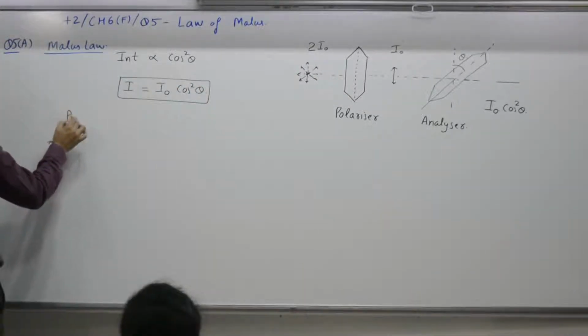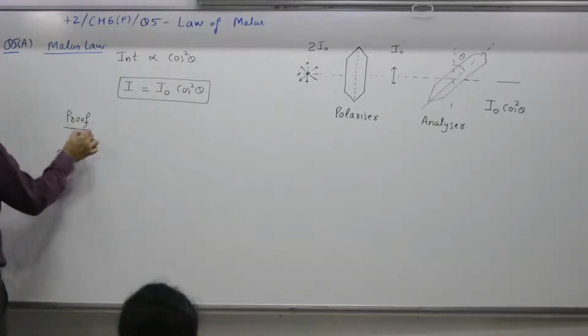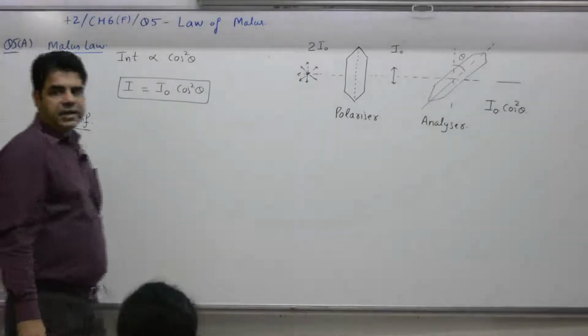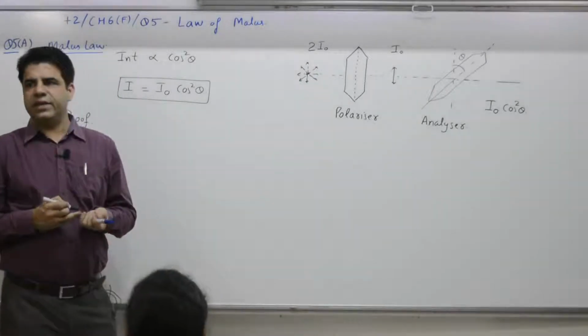Proof for this part. Why does it come out to be cos square theta? Anyone?